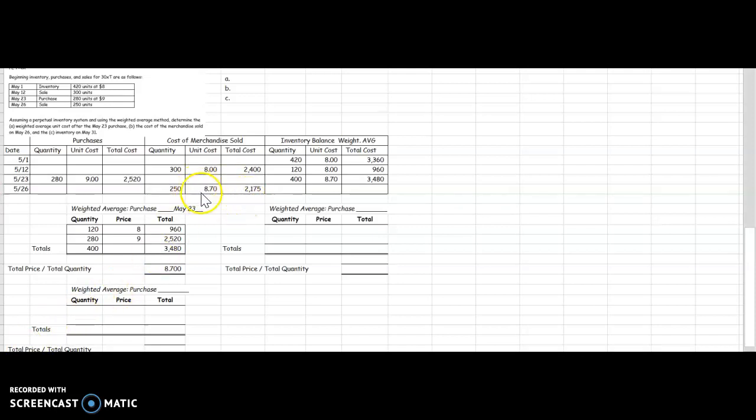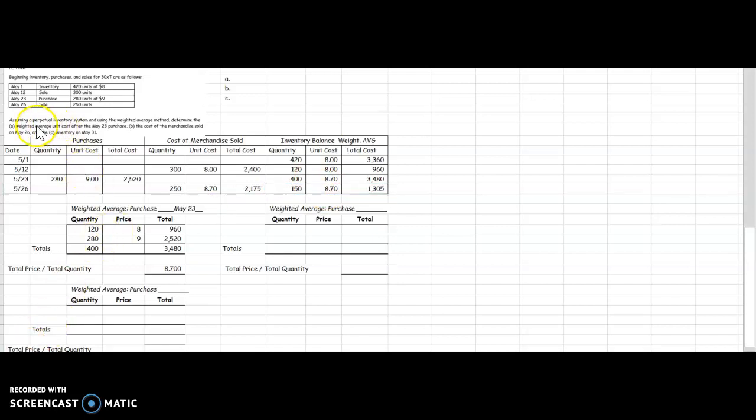Don't recalculate anything because we only do that when we have a purchase. So now we are left with 400 minus 250, which is 150 at our unit cost of $8.70. Multiply across, and our ending inventory is $1,305.